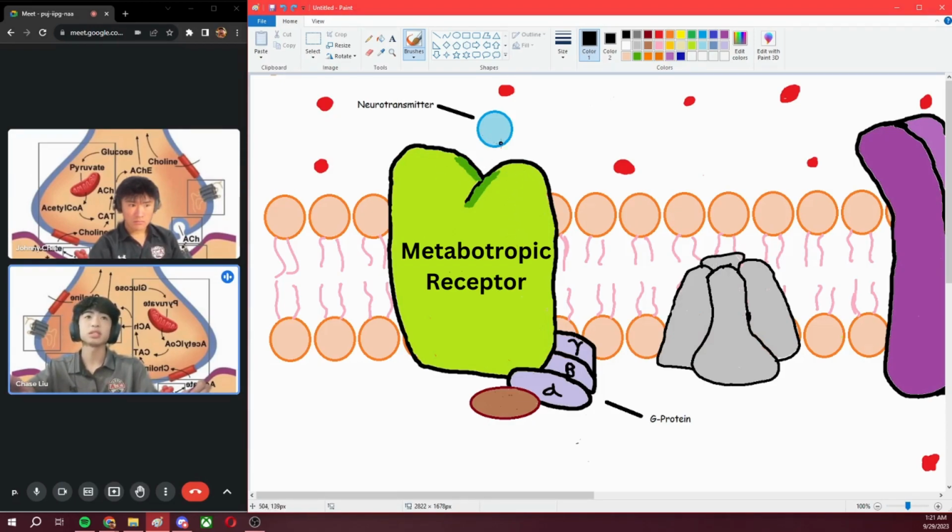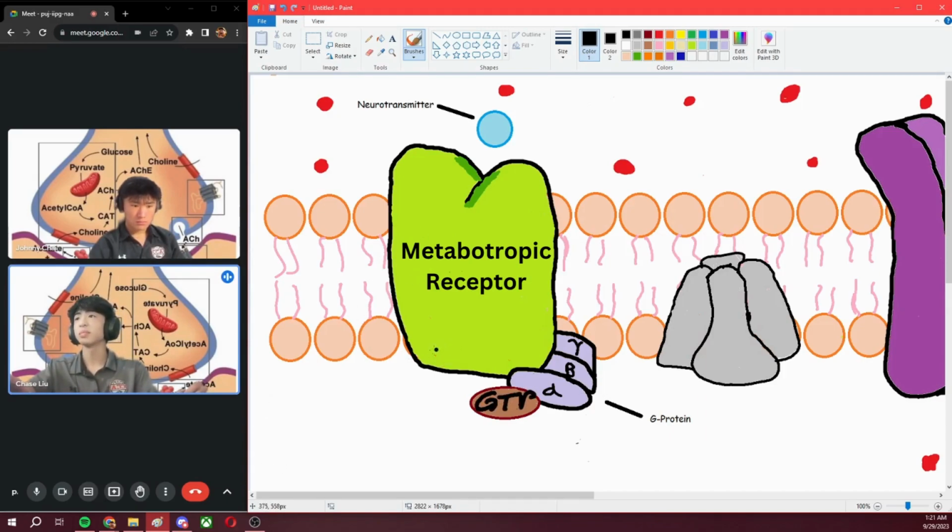So once the neurotransmitter binds to the receptor, GDP binds to the alpha beta subunit, and once this has the GDP attached to it, it actually attaches itself to the beta and the gamma, and this creates an inactive trimer. The binding of an extracellular signal activates the metabotropic receptor, and GDP is then replaced by GTP, just like that.